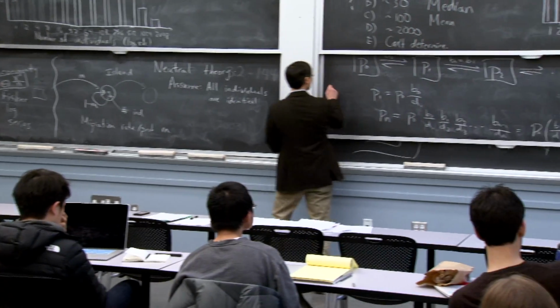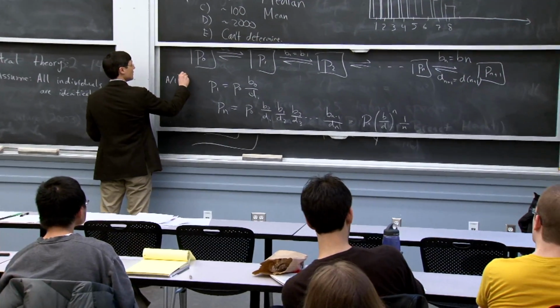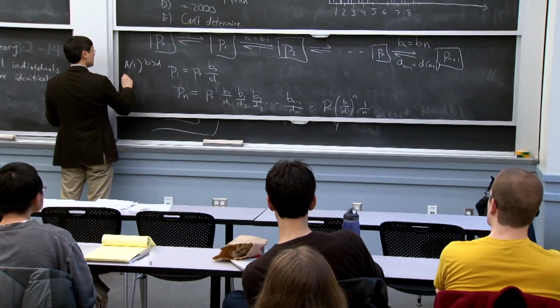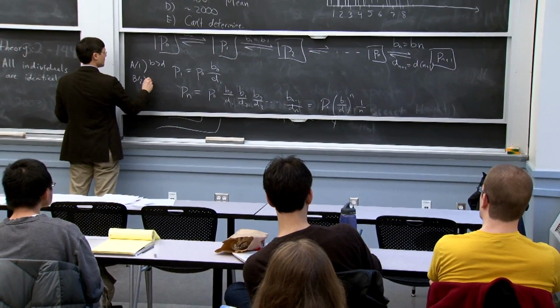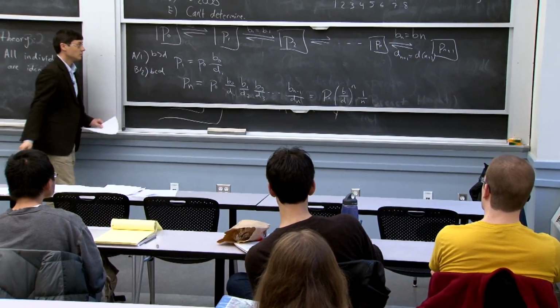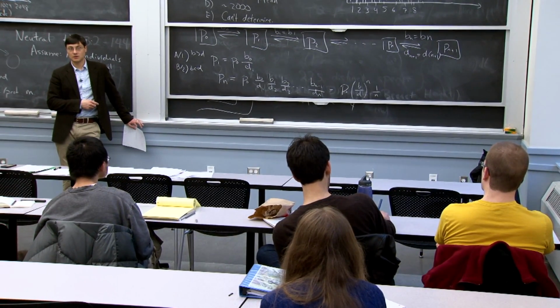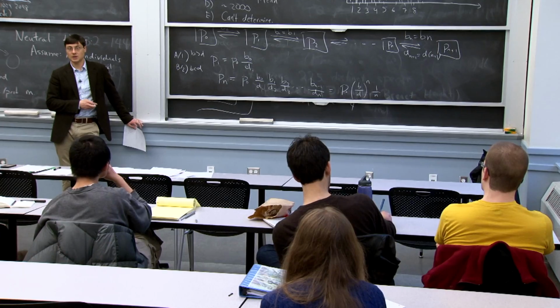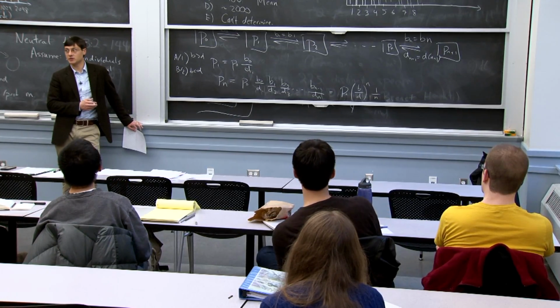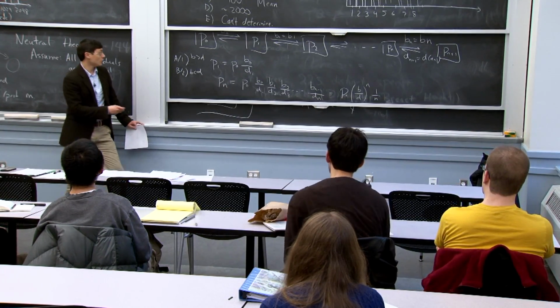Is it A, that B is greater than D, or is it B, that B is less than D? Think about this for 5 seconds. Should birth rates be larger than death rates, or death rates larger than birth rates, or do they have to be equal?